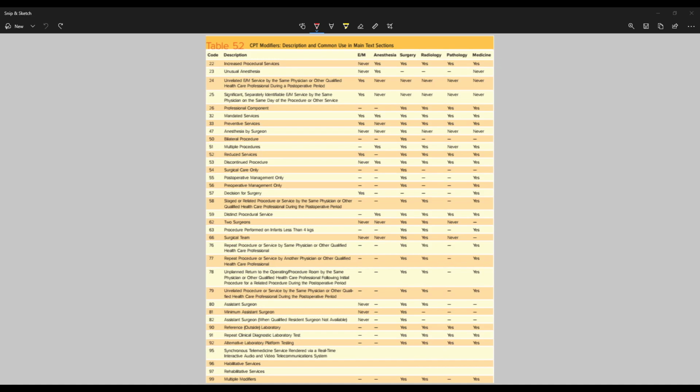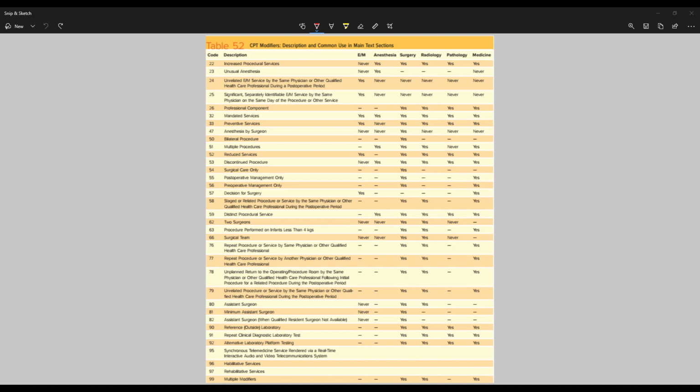It's also important to remember that this code can be used if another procedure is planned for later due to the surgery. It can also be used if the new procedure was more extensive than the original procedure, or if the procedure is done as part of the therapy or recovery after the procedure.